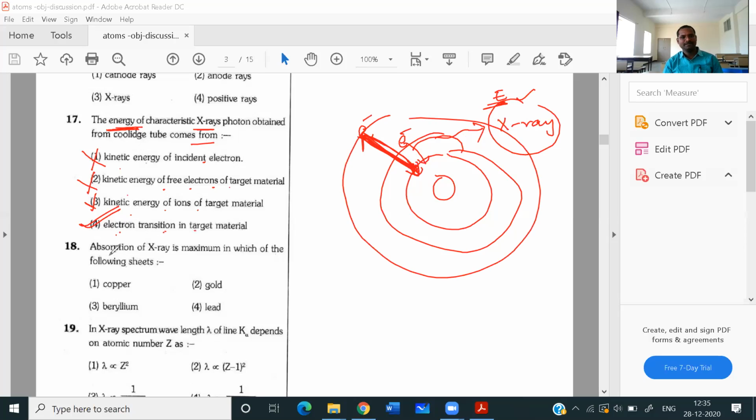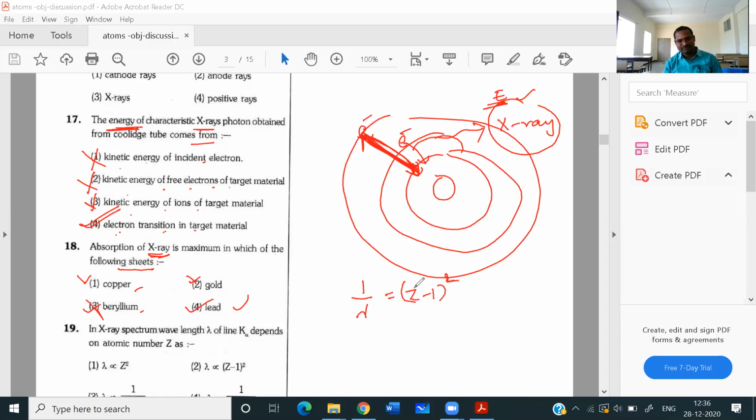Okay, clear? Next, absorption of X-ray is maximum in which of the following sheets? They are given copper, gold, beryllium and lead. Yes, lead is the right answer. Among the remaining ones, copper, gold and beryllium, X-rays cannot pass through as much. Because of Moseley's law, frequency root is proportional to Z minus 1.